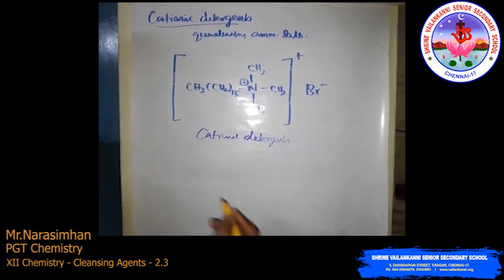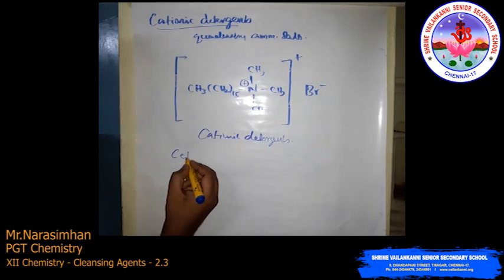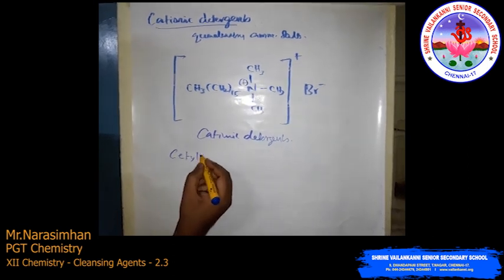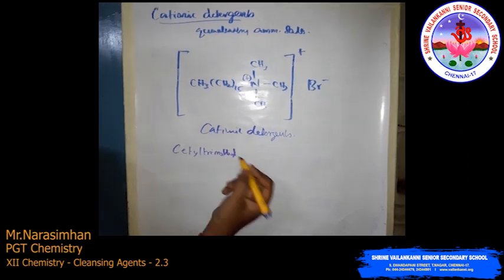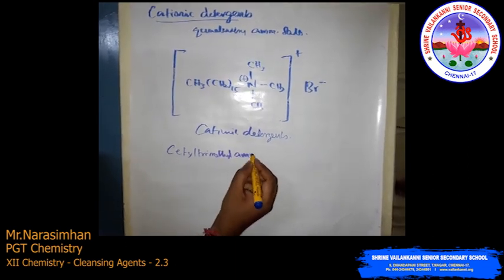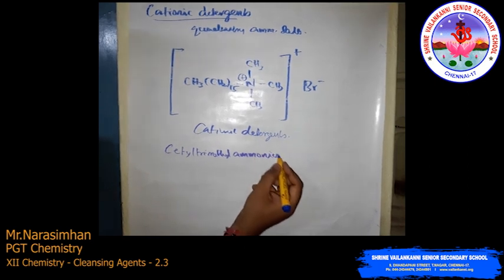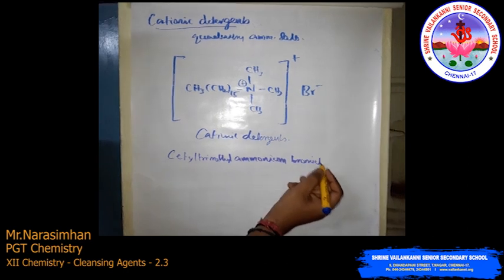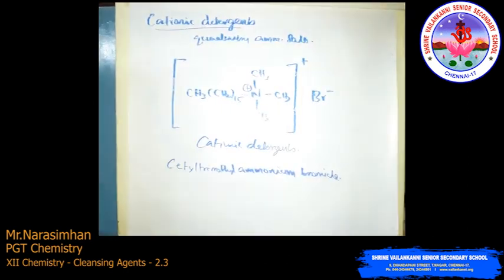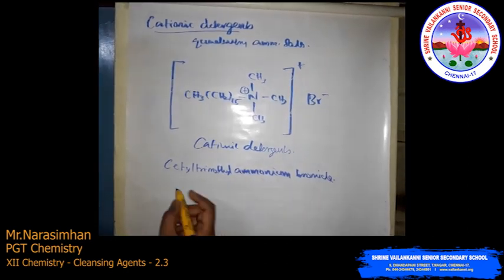The main example is cetyl trimethyl ammonium bromide. This is a very expensive one.